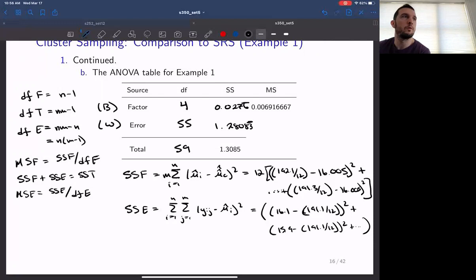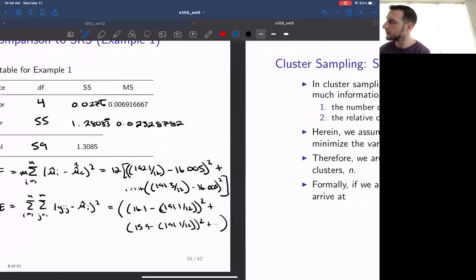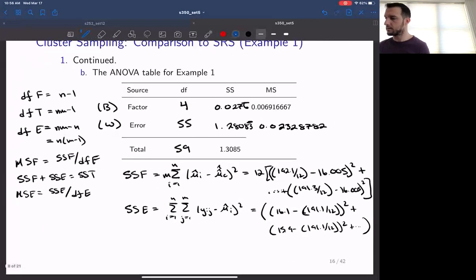And then we would take 1.28083 and divide by 55. So if we do that, just wanted to confirm, we will get 0.02328782. All right, now we can bound our estimates.